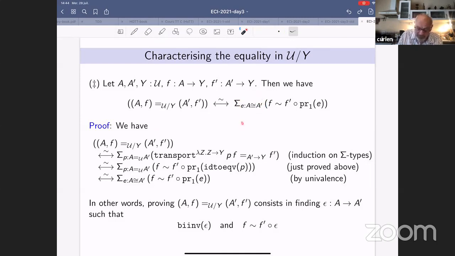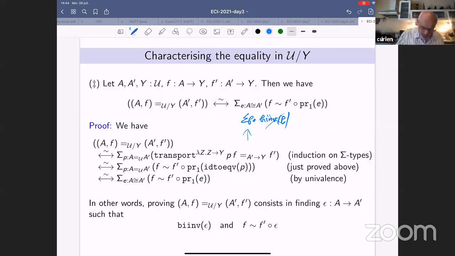So it is a sigma. Remember that this type is sigma F, is-equiv of F. Okay, so if I forget this component, if I take the first component of E, I get my F. And this F is a function from A to A prime. So pr1 of E has the right type, and this expression type checks.